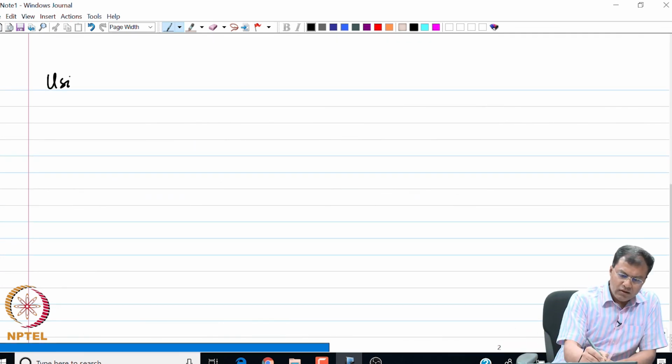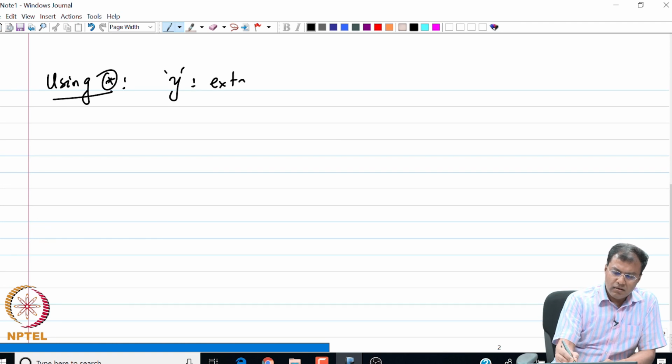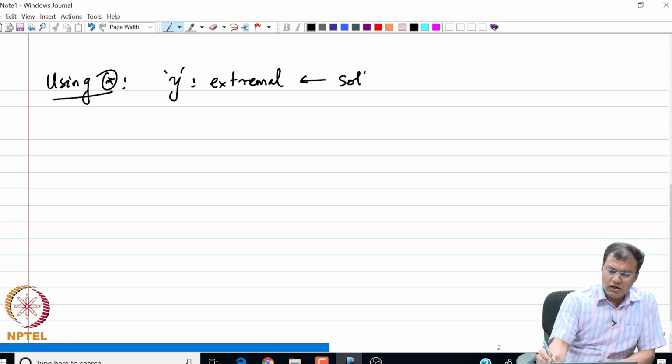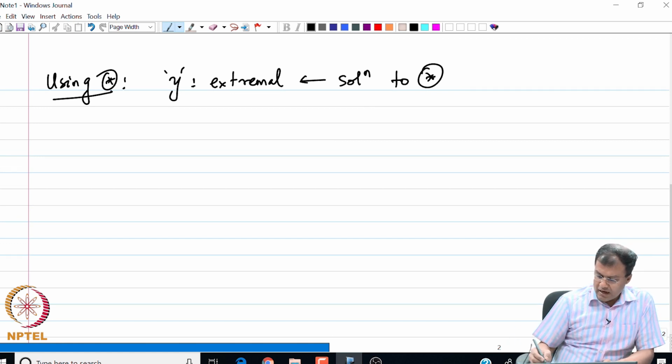So, using star, I see that my y, which is the extremal, is a solution to star, and notice that my capital F is the following.